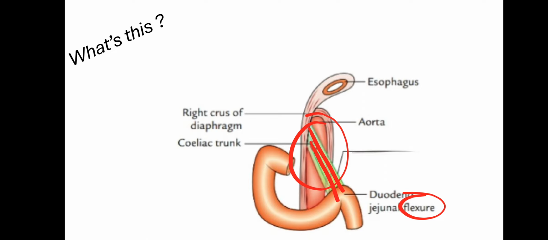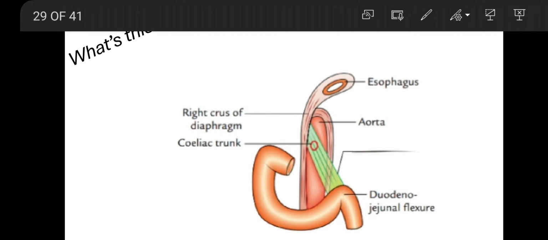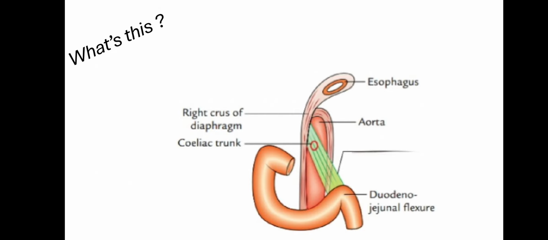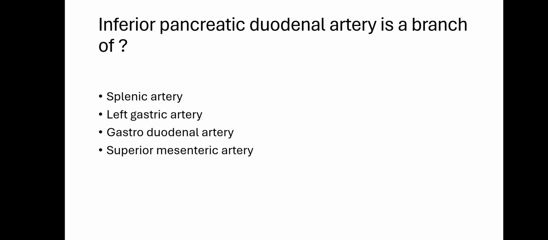This structure, extending from the crus of the diaphragm to the flexure, is helping the duodenum to maintain this flexure. So what is the structure and what is its contents? You must comment in the comment section. Very simple. So, one another question.